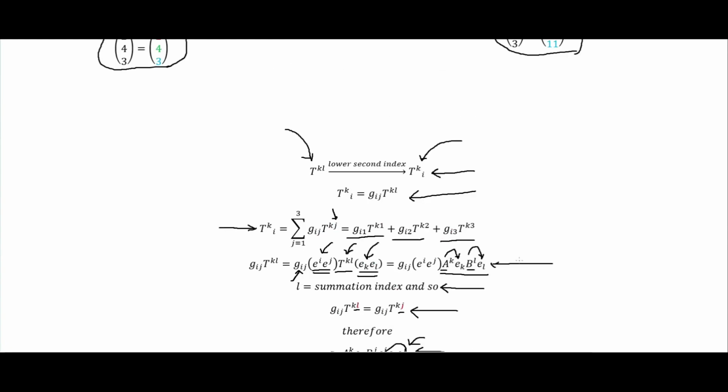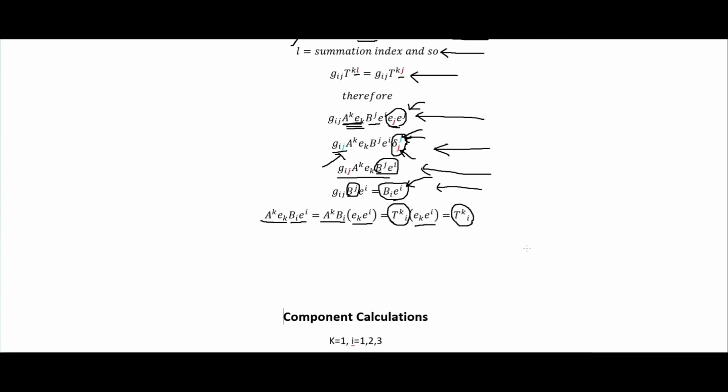And so once again, it is not the case that our T^k_l, I think I used L, is equal to our T^{kI}. The fact that both of these are upstairs tells us that both of them are contravariant vectors, and this tells us that we have a contravariant and a covariant vector.